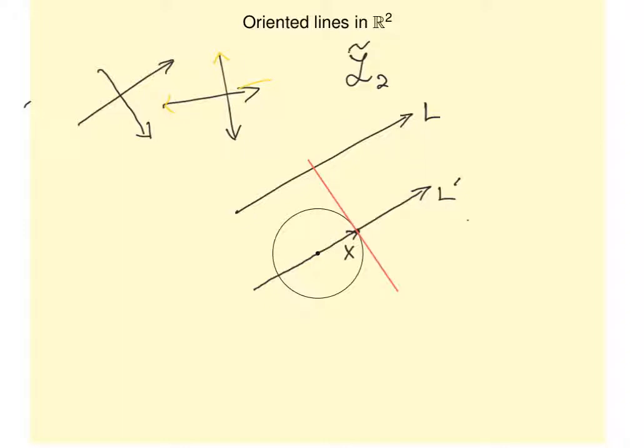Now I look at the vector from X to the point at which the tangent line crosses L. So that's there. And I call that vector Y.